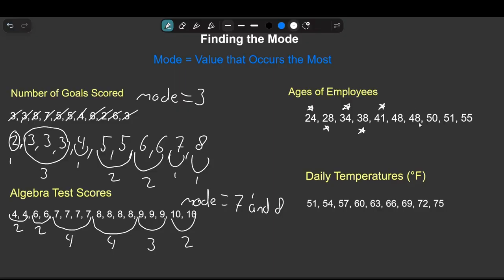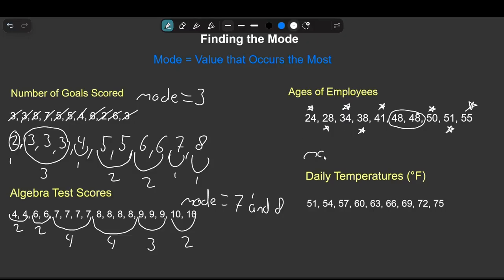And then we're on to 48. 48 has 2, so we can circle this, for example. 50 has 1, 51 also has 1, and 55 also has 1. So this is another way I like to mark it up because it takes little space and you can see pretty clearly, if you have them ordered, which ones have the most of them.